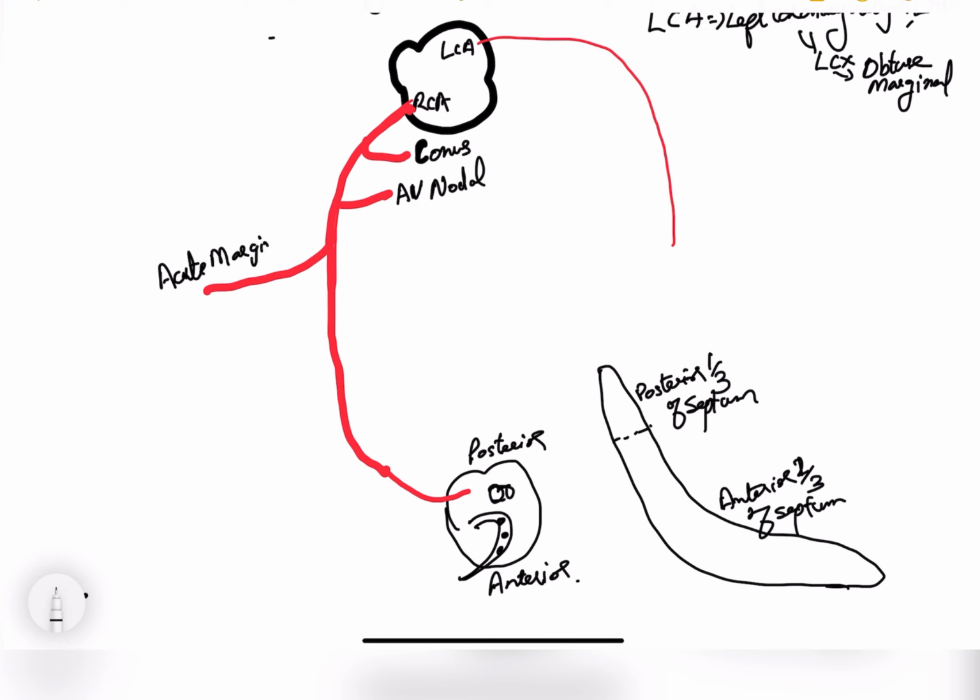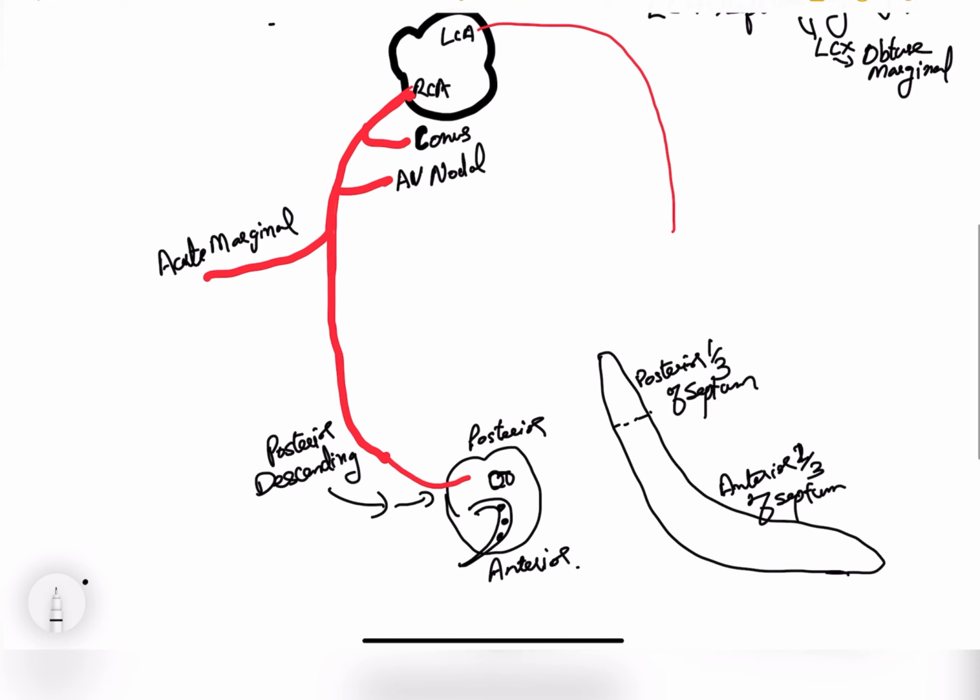So the final branch is the posterior descending branch. Now the posterior descending branch supplies both the posterior part of the heart and also the posterior one third. The AV nodal branch supplies the AV node, while the acute marginal branch supplies the right free wall.